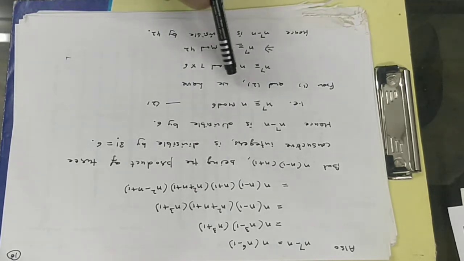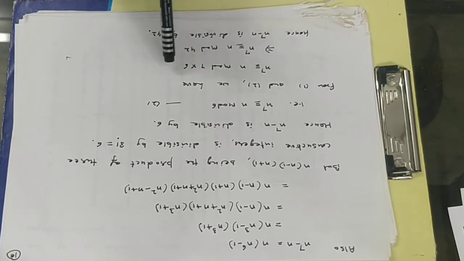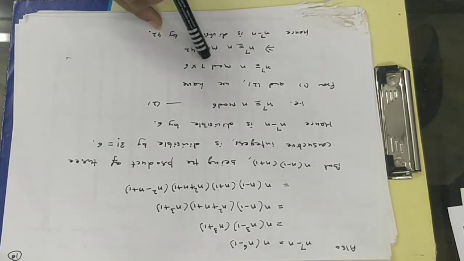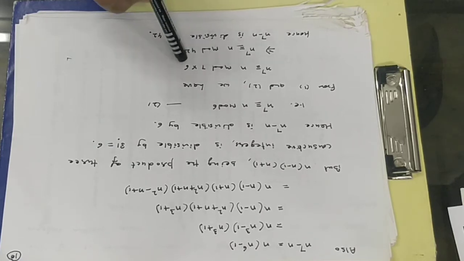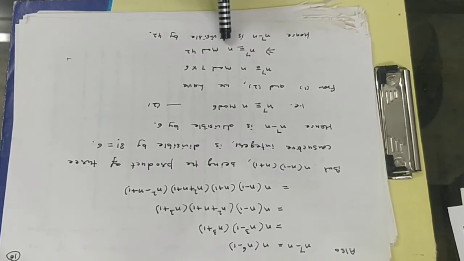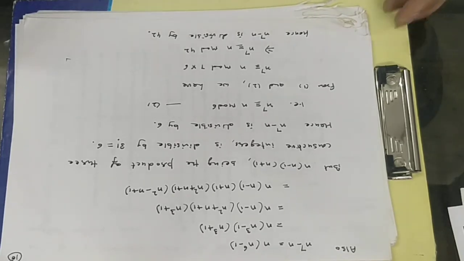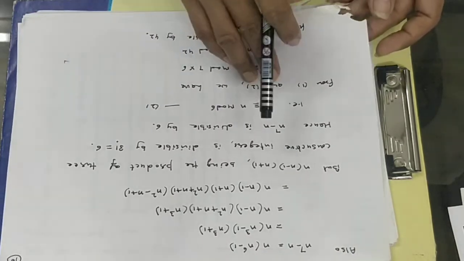Now from 1 and 2 we can say n to power 7 is congruent to n modulo 7 into 6. This is possible because 7 and 6 are co-prime. So we get n to power 7 is congruent to n modulo 42. Hence, n to power 7 minus n is divisible by 42.